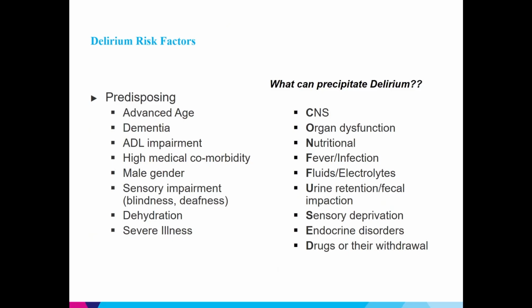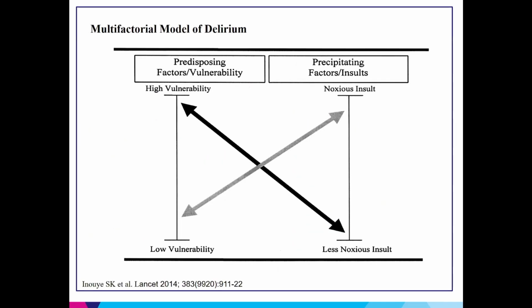This schematic is reproduced from Sharon Inouye's earlier work on delirium in older persons, reminding us of the multifactorial model of delirium. Delirium is usually multifactorial, this complex relationship between that vulnerable patient and exposure to precipitating factors or noxious insults.